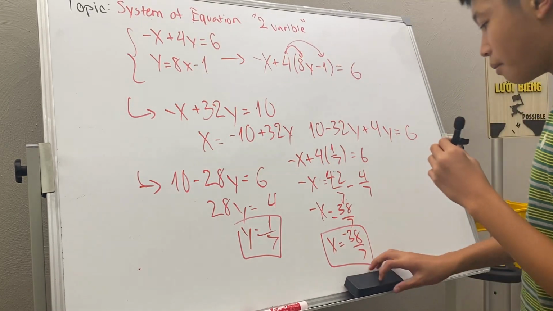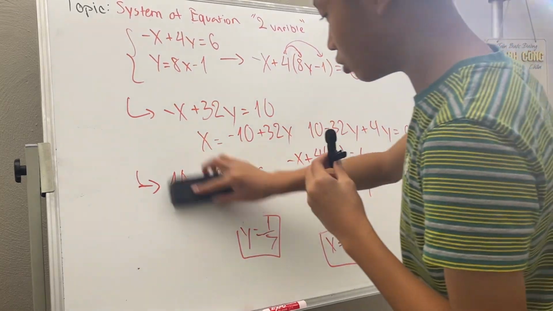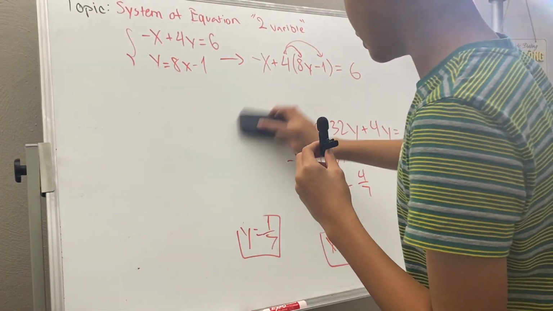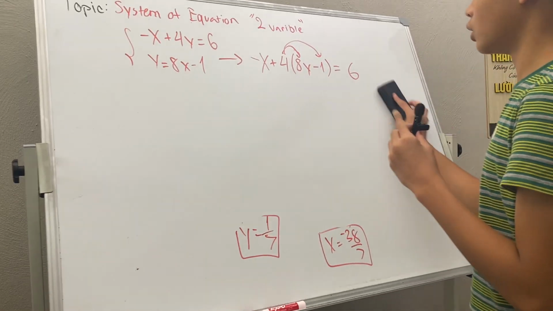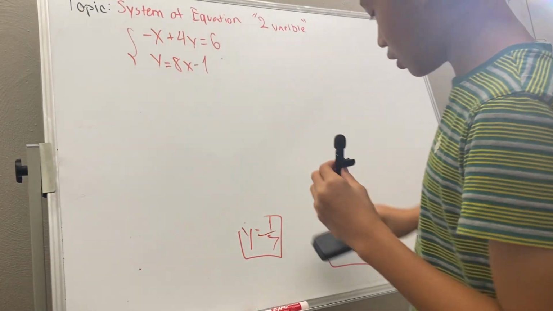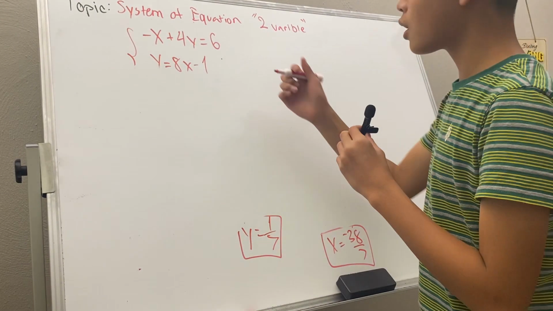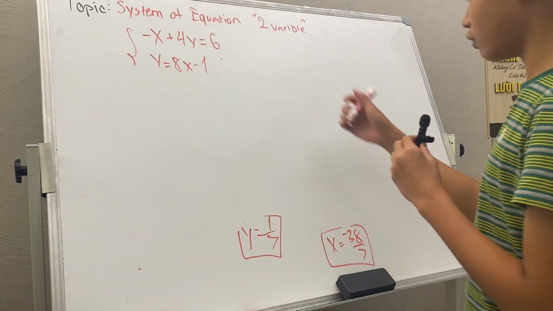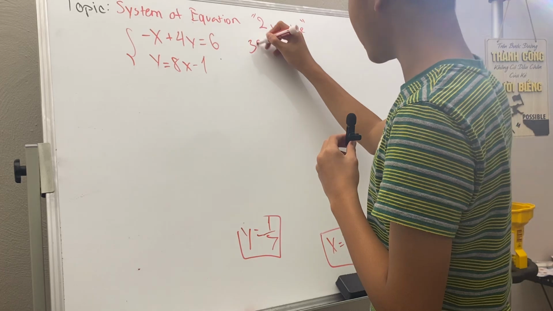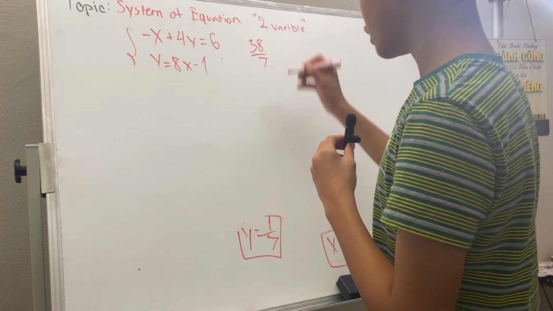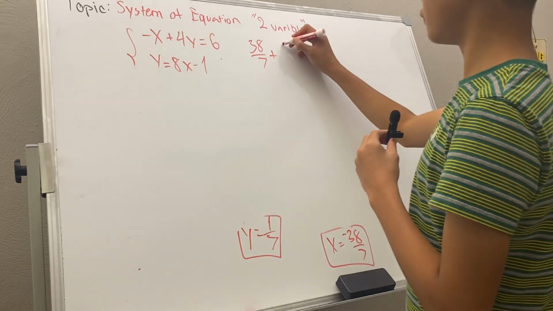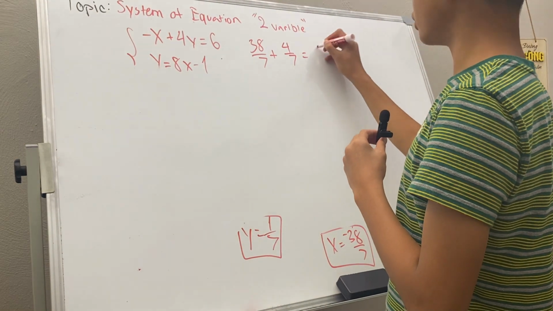Lastly, make sure to plug it in, so make sure your answer is correct. Oh my god. Well, luckily I didn't erase that much. Okay. Let's plug in. Negative x is equal to this, negative, equal positive 38 over 7, and plus 4 times y, which is 1 over 7, equals 6.